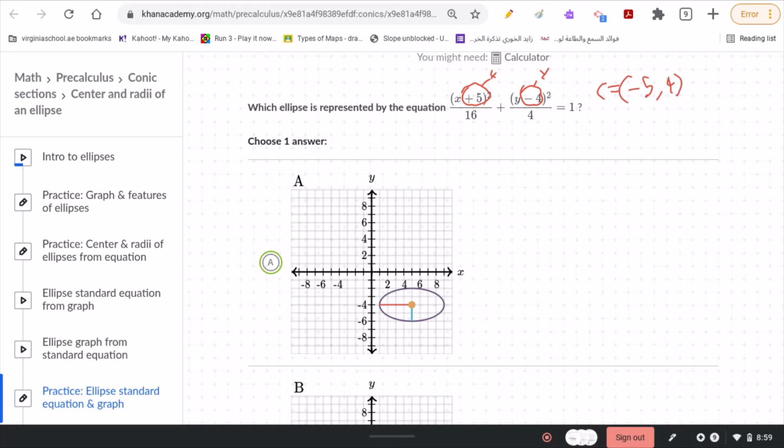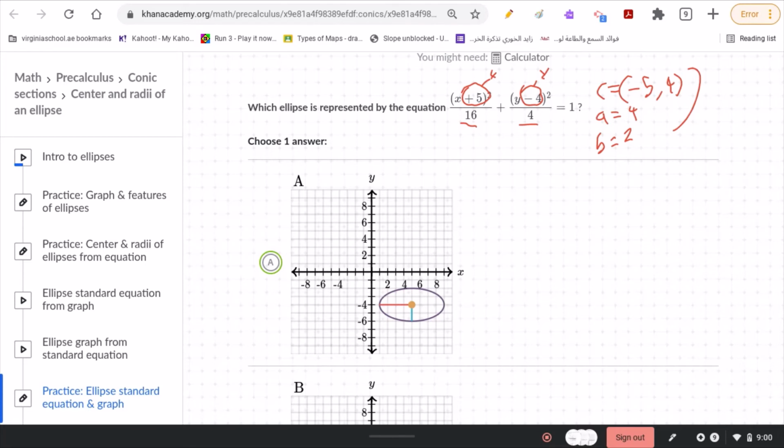And here we have a squared and b squared. So now, what is 4 squared? It's 16. So A equals 4. And 2 squared is 4. So B equals 2. Now, from this information, we need to find which graph matches the equation we got.